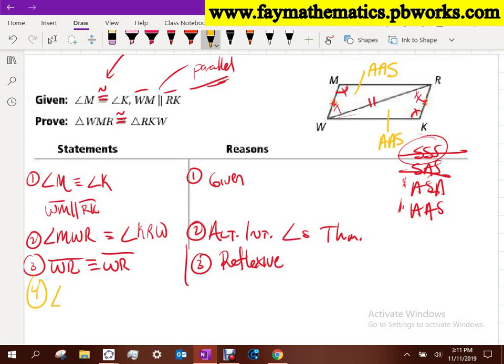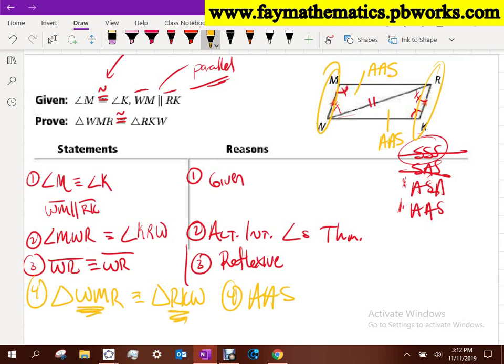So step 4, WMR congruent to RKW. And the reason is angle, angle, side. Where is this going to lead us? Eventually, guys, would you agree that M to W and R to K would be congruent by CPCTC?